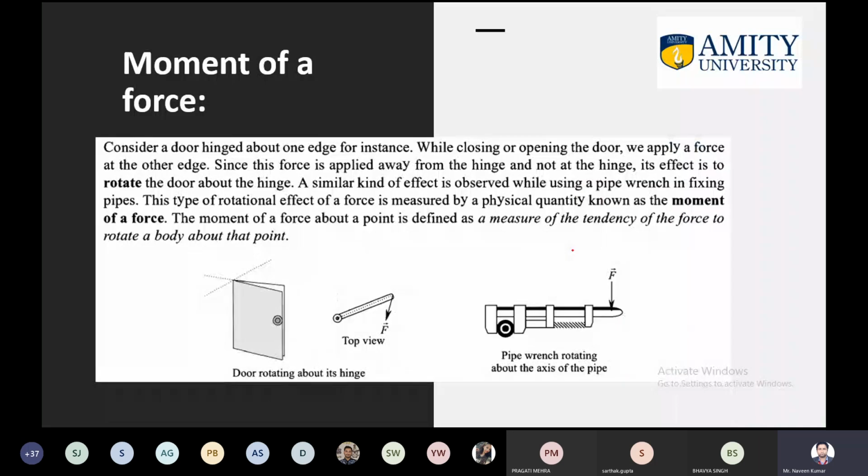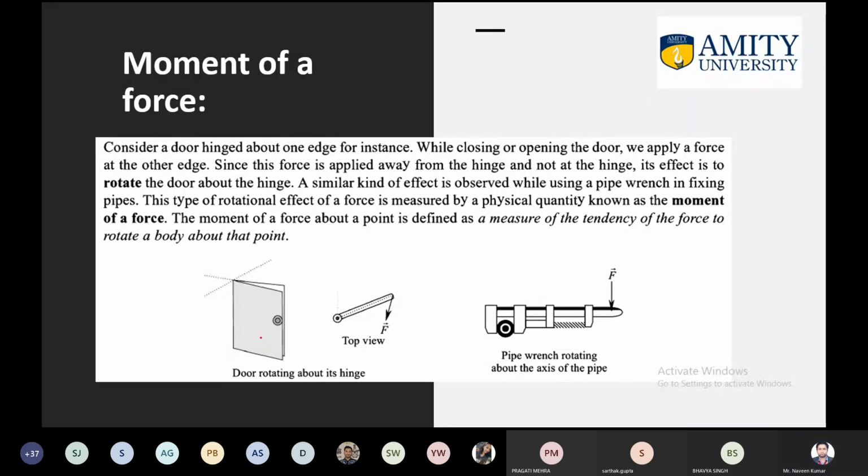You can see this example we are giving here, moment of a force. For example, this is a door, which is hinged at this point, and we are opening this door. When you see it from the top view, the edge looks like this at an angle, and the force we apply from the handle acts in this direction.